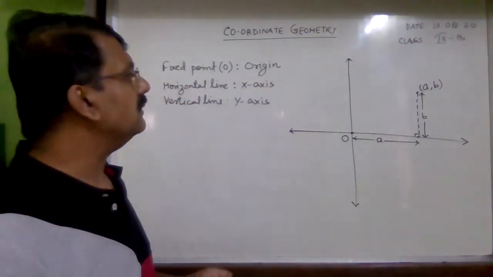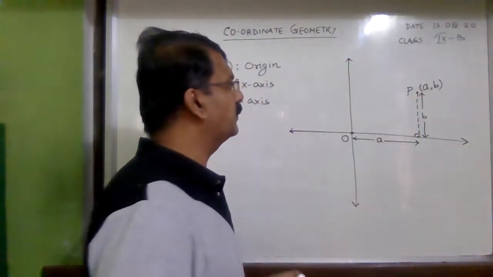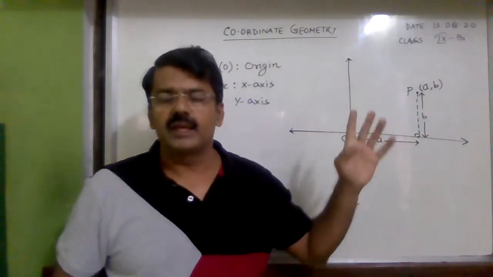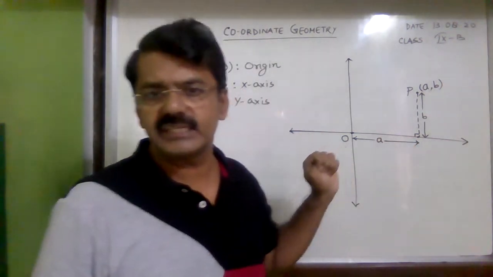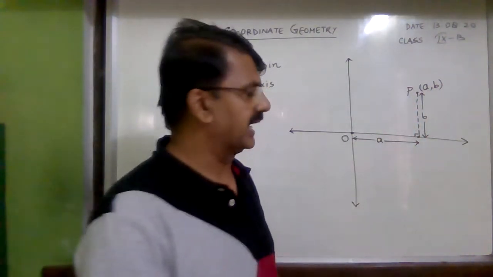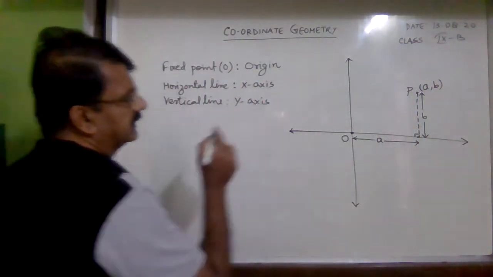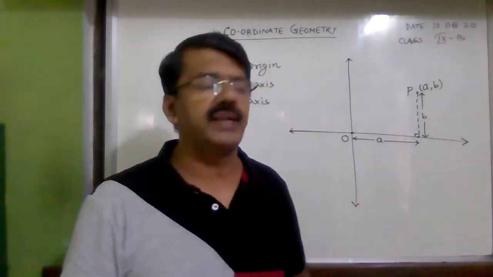Clear? Now suppose this point is P. So from the origin to reach point P, first you walk a distance a along x-axis, then b distance along y-axis. So that a comma b is called the coordinates of point P.